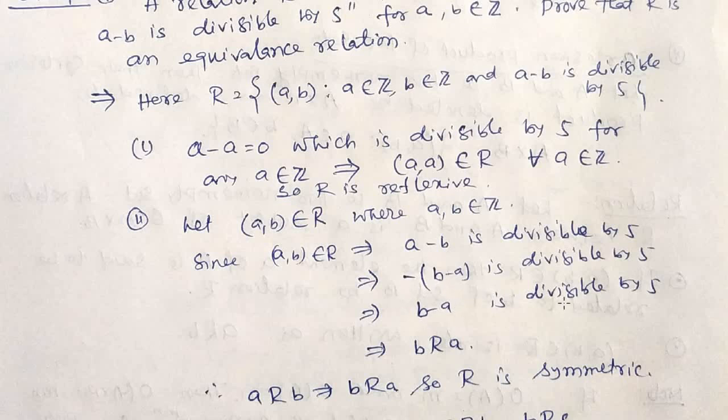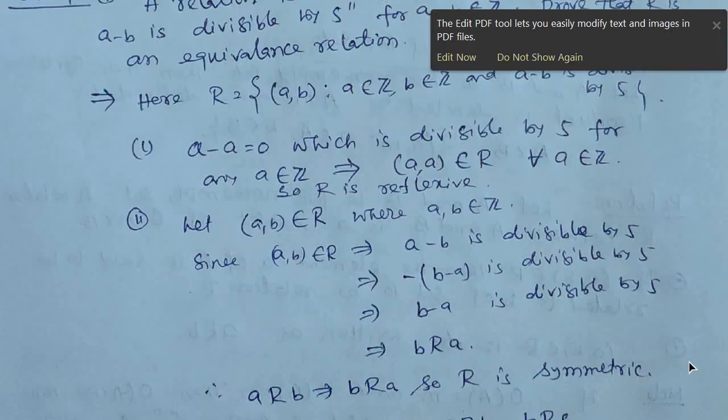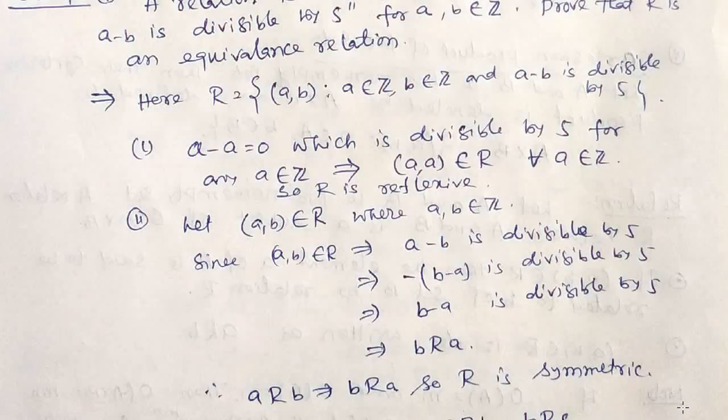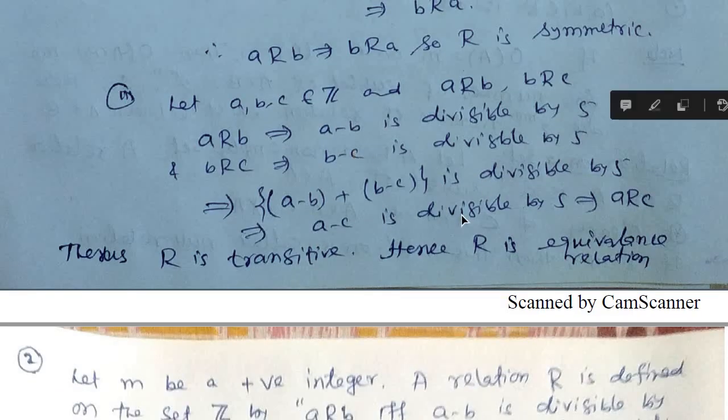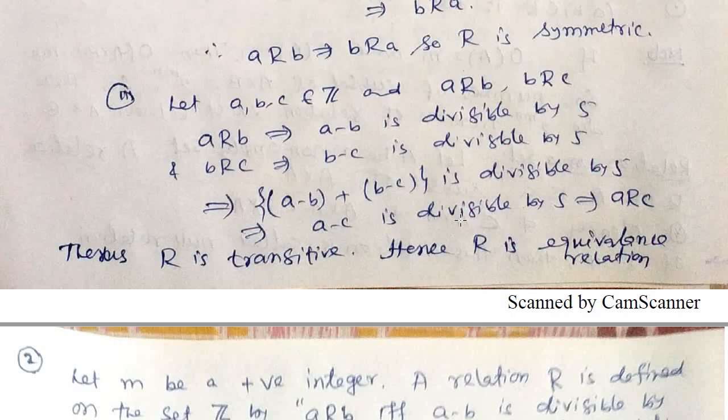So B minus A is divisible by 5, that is, B is related to A. We assumed A is related to B, and we have proved B is related to A. So R is symmetric. Now we will prove transitive.